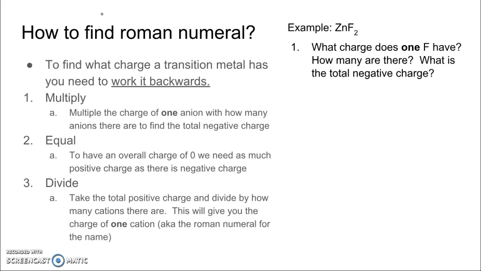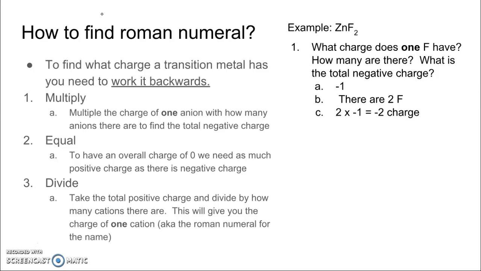So step 1, we're just going to identify what charge fluorine is going to have. We'll see that fluorine has 7 valence electrons. It wants 1 more, so it's going to get a -1 charge. And then we look at the formula and say there are 2 fluorines, so 2 times -1 gives us a total of -2 charge in that compound.